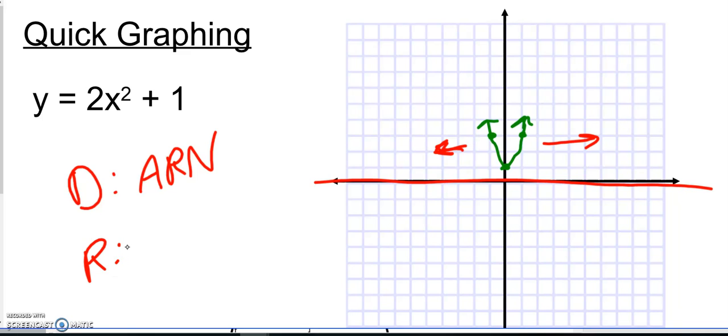So that is where your minimum or maximum will come into play. So this has a minimum value of 1. So that tells me y can be anything greater than or equal to 1. Okay? So domain will always be all real numbers for quadratic functions. Range will vary depending on where your graph is located.